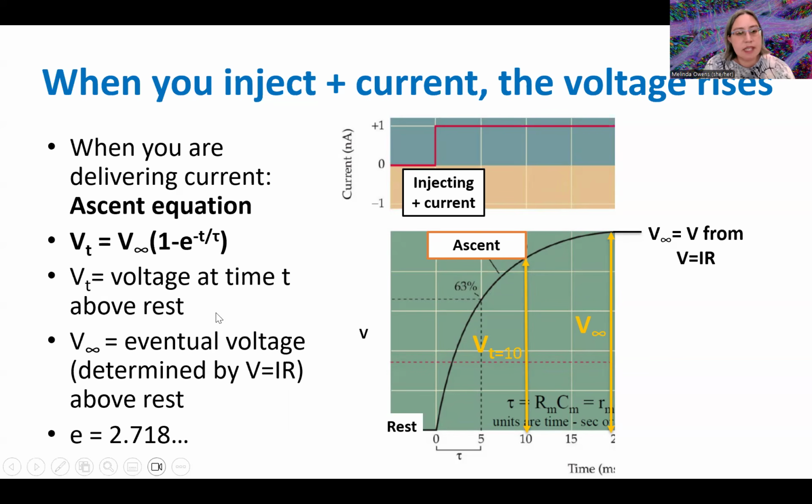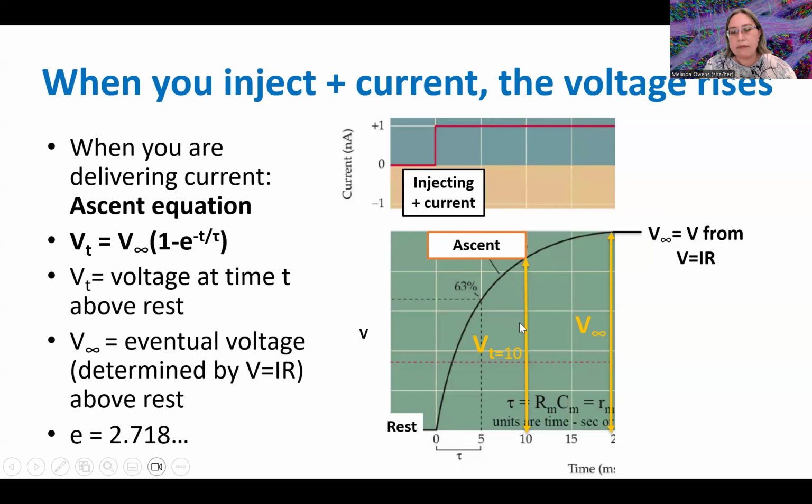So V_t is the voltage at time t above rest. So this line here kind of shows V10, right? V10, because this is 10 milliseconds after you started injecting the current. So 0 is the time you started injecting the current, and this is 10 milliseconds later in this case.